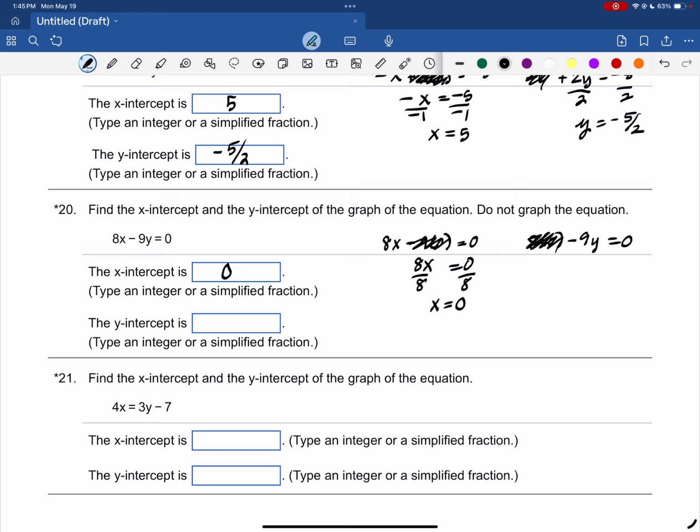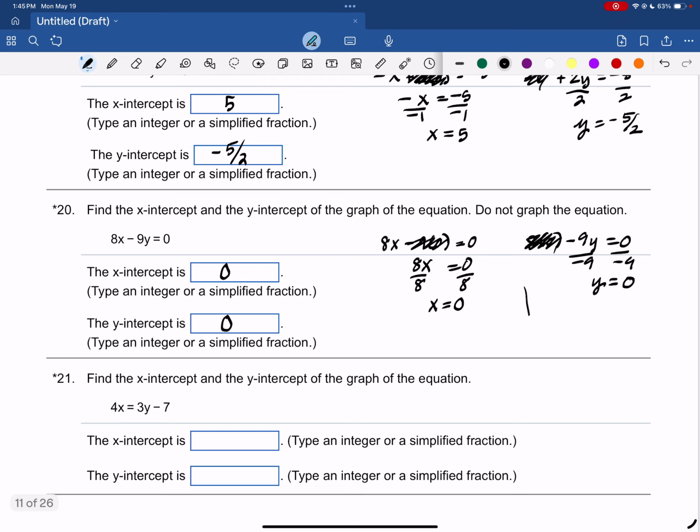That's 0, so it's gone. Divide by negative 9. Y is equal to 0. Oh, so this line goes through the origin. If we were to graph it, it's going to go through the origin or the point 0, 0. It has a name. It's called the origin. Now, the reason it does that is because there's a 0 on the right-hand side when it's in standard form, and that's going to always go through the origin if that's the case.